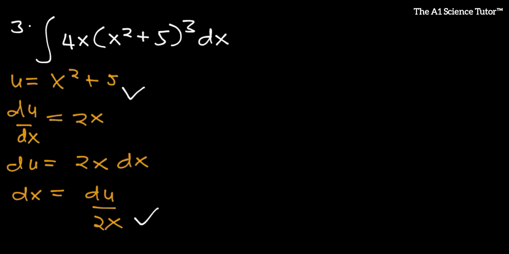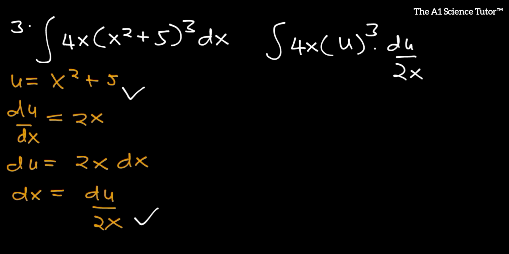So this should be integral 4x, and here now we have a u, which will be raised to the third. And dx has been changed to du divided by 2x. Now obviously 2x can get cancelled with a 4x, and that would actually leave us with a 2 over here.